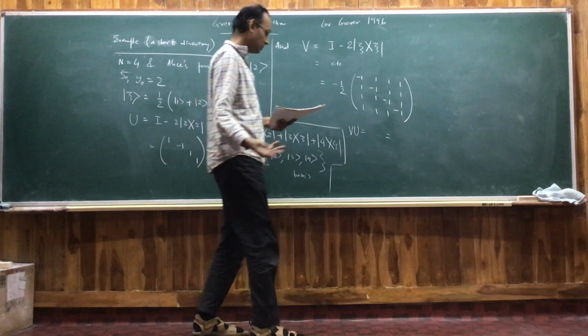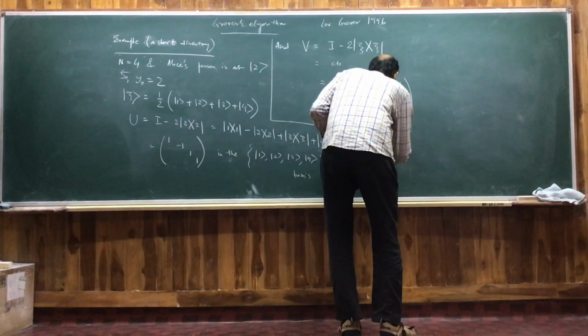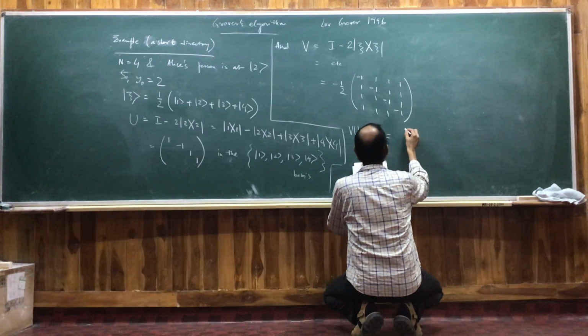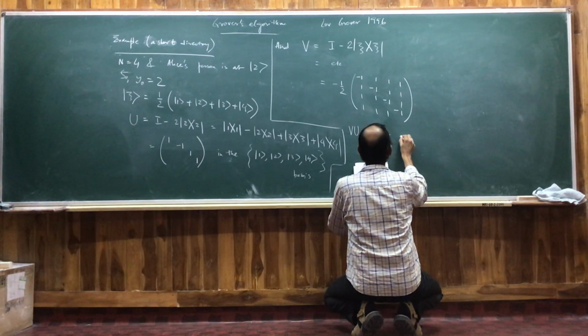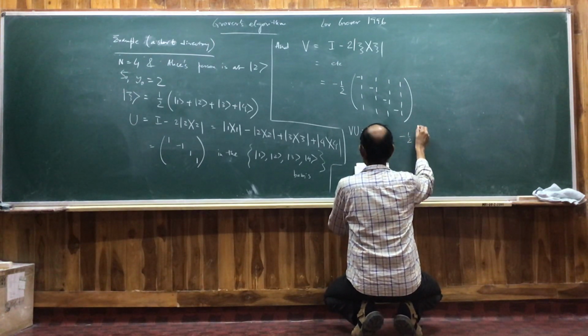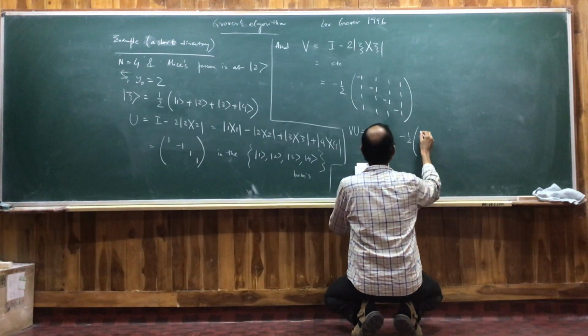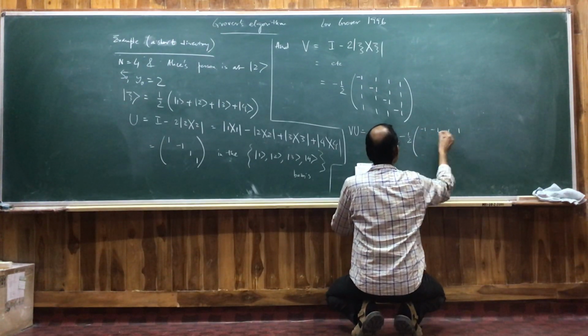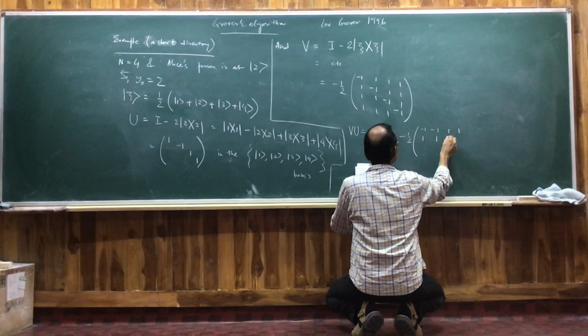Otherwise, we cannot multiply matrices. This looks like this, minus half, minus 1, minus 1, 1, 1, 1, 1.